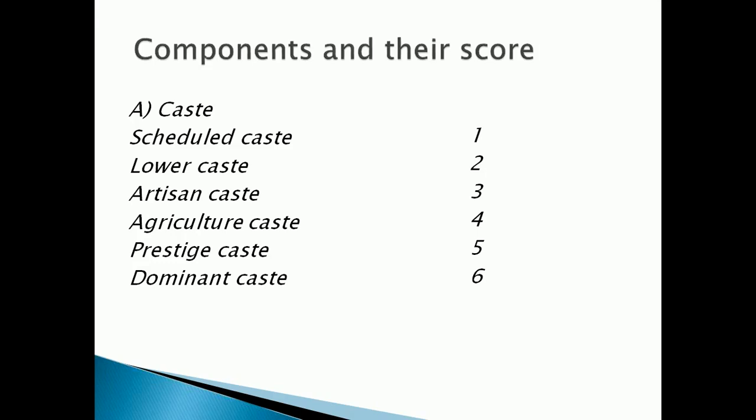So here you may have a doubt. Artisan caste means the caste which belongs mainly to fishing activity, and prestige caste means like Brahmin and others who do prestigious work like puja. And what do we mean by dominant caste? Dominant caste is mostly due to political standing, belonging to leading activity in the work. That is okay.